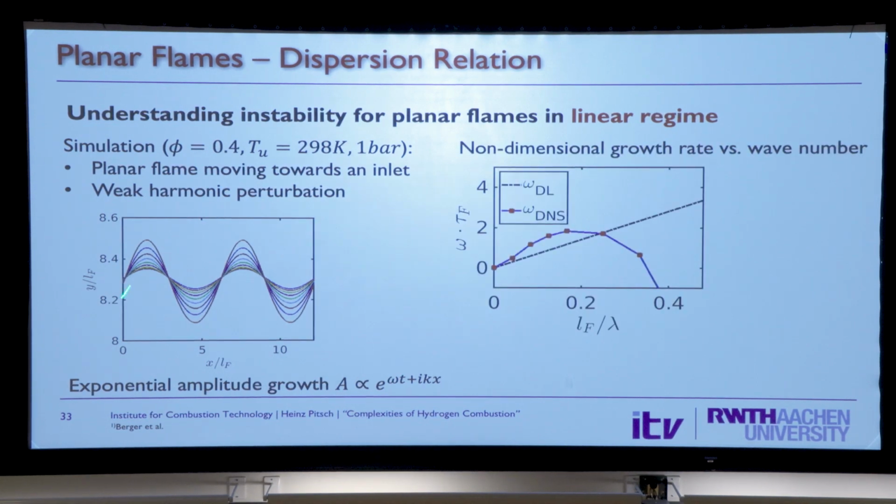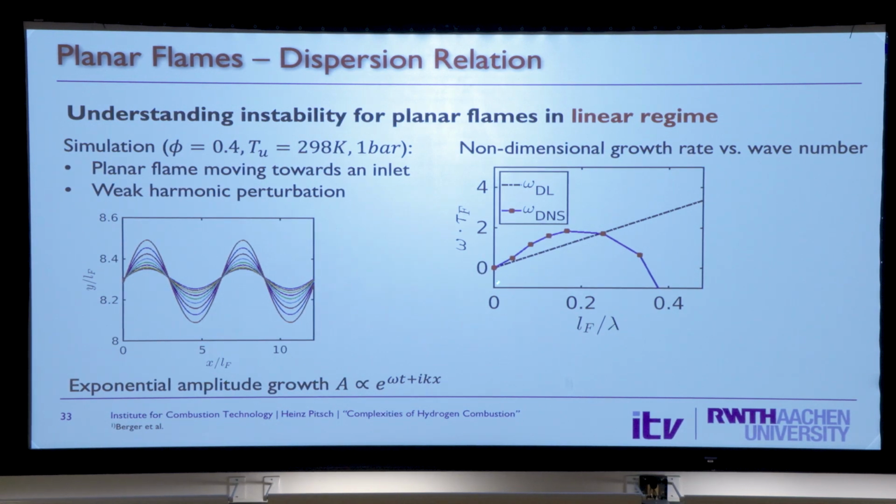And then we do this for all possible wavelengths, and then this is what you get, the individual points, and you get a dispersion relation like this, growth rate as function of the wave number, or here the 1 over the wavelength.